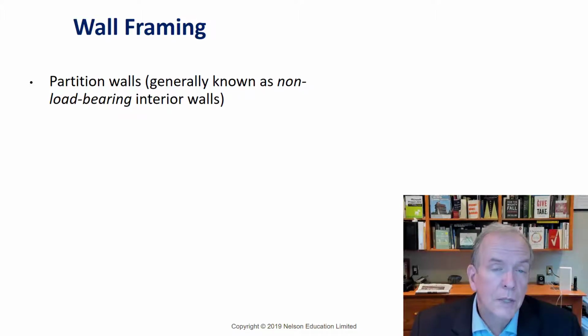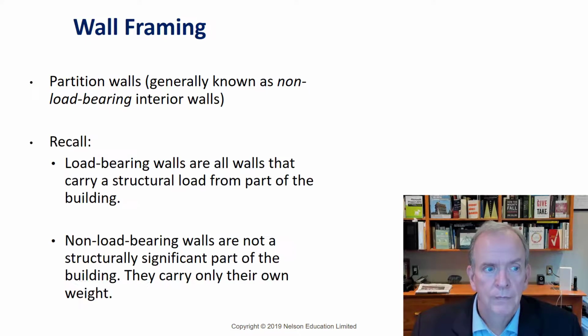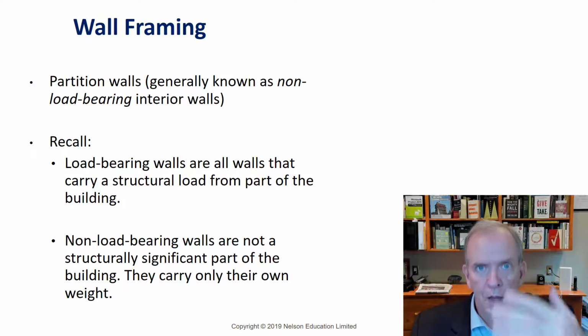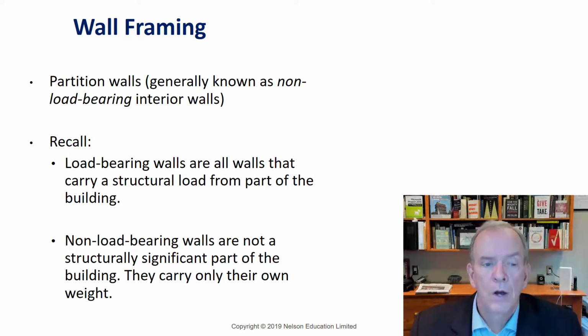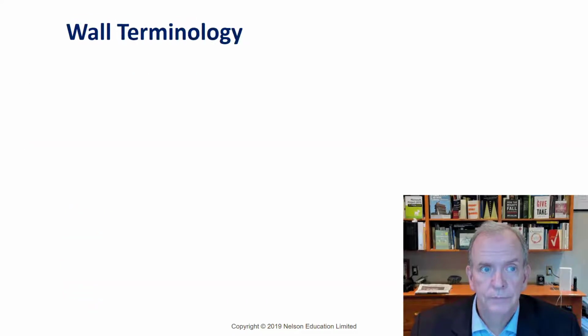That means it could be there or you could take it out and the structure should be fine. Load-bearing walls are walls that carry the structural load from another component of the house, from the floor and from the walls and other parts that may be up above on other floors. And non-load-bearing walls, which is a partition wall, is only really carrying its own weight.